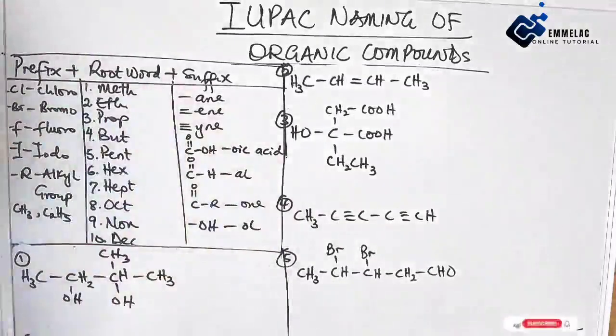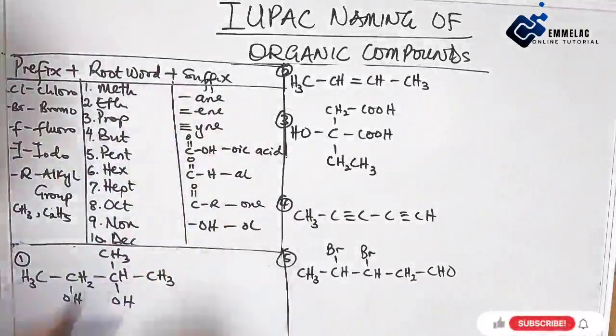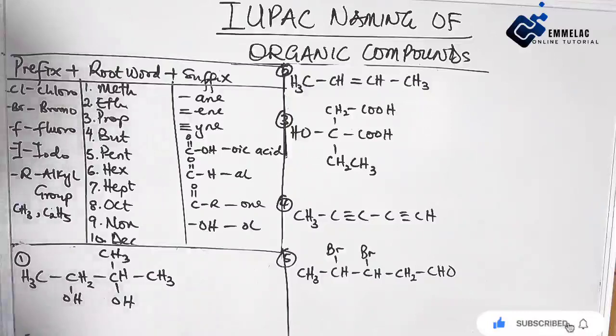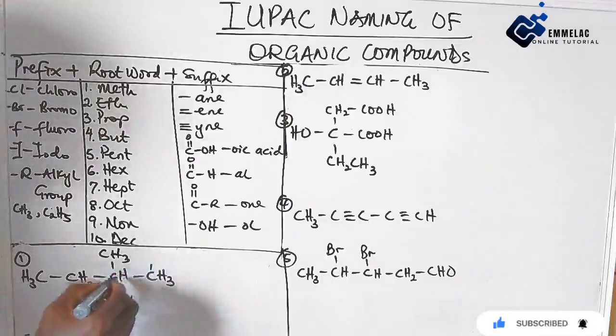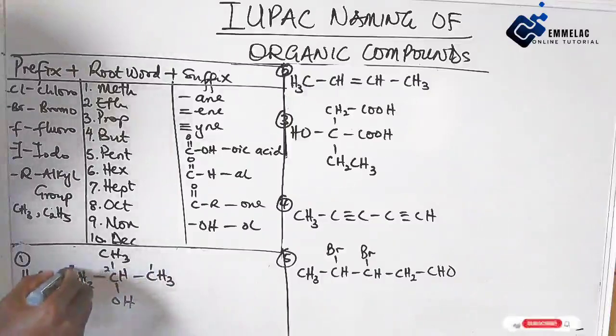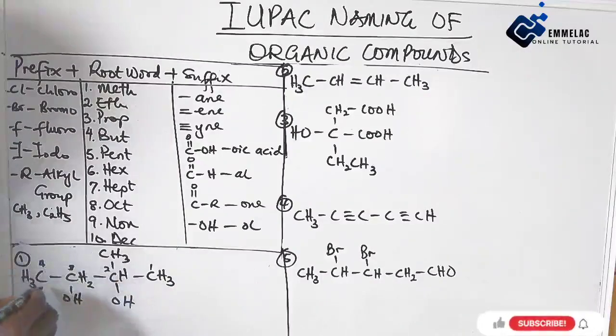Okay, let us see this. Here's another example. Now looking at this, let us find the longest carbon chain. Here you have 1, 2, 3, 4. You can name me again, 1, 2, 3, 4.